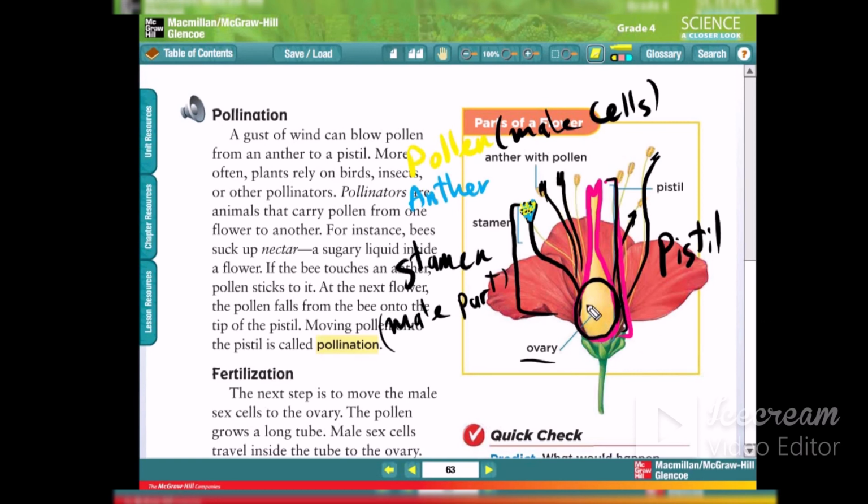Inside the ovary, we have the female cells called eggs. So the pollen is the male cells, and the eggs are the female cells inside the ovary, the lower part of the pistil.